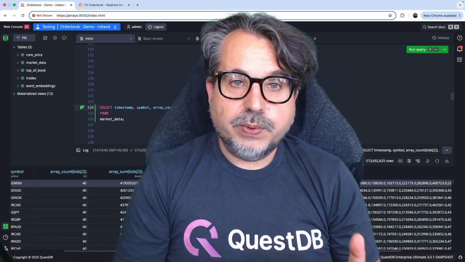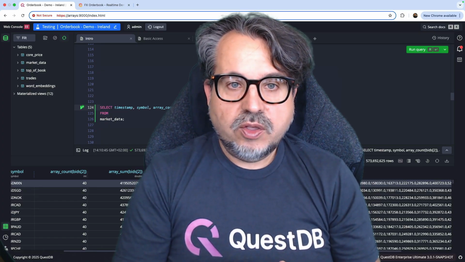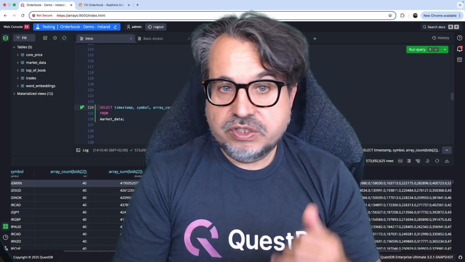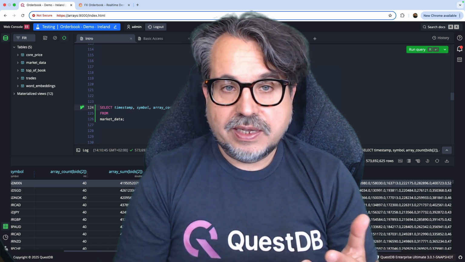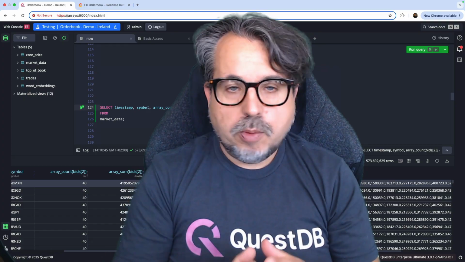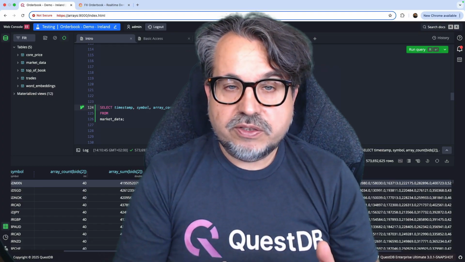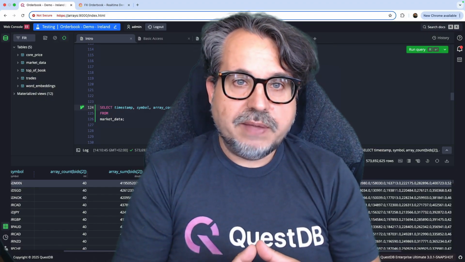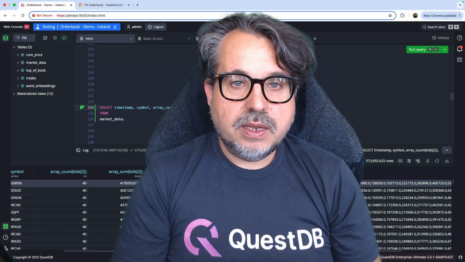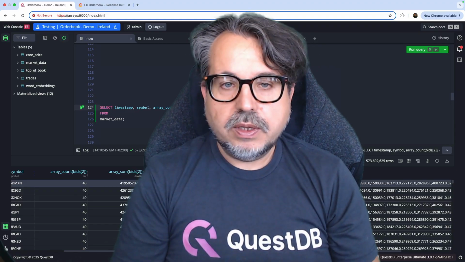Another cool thing about arrays in QuestDB is that we have designed them to be very efficient for storing the data in memory and on disk, and also for querying the data. Instead of going with the common strategies that other databases use for storing arrays, which mimic how you store rows in many cases, we've developed arrays mimicking what data science tools like NumPy or Python do with arrays.